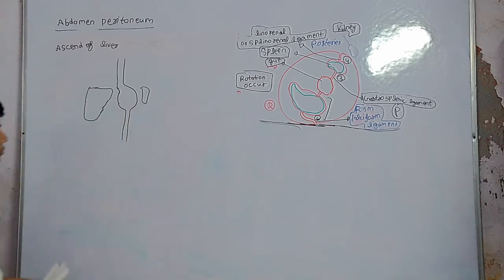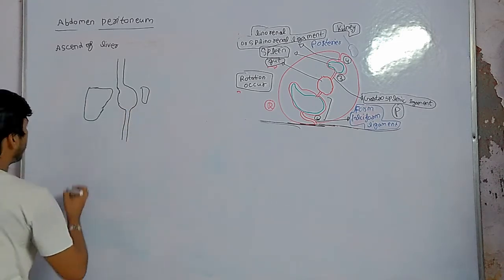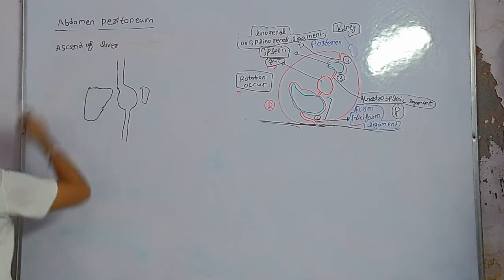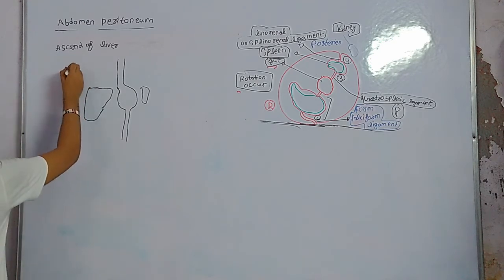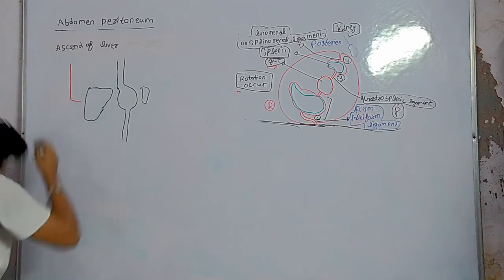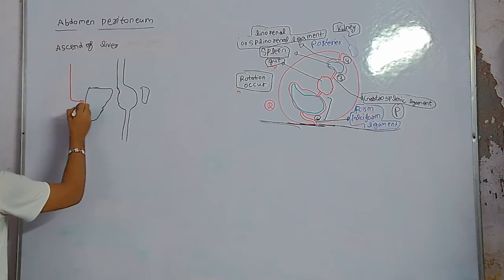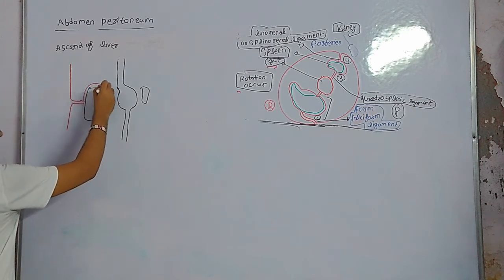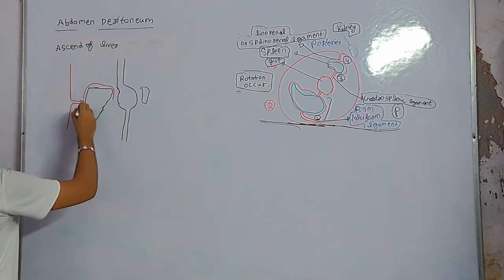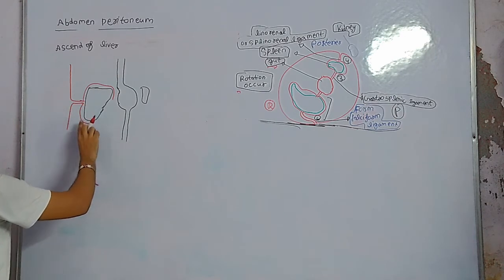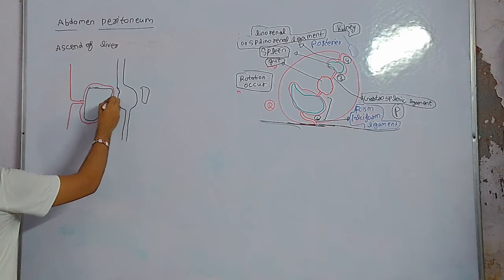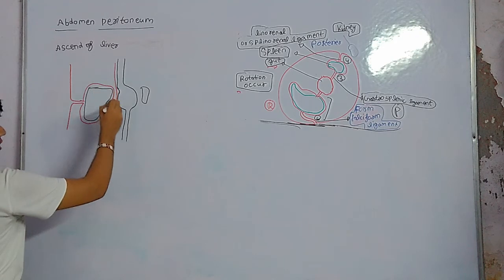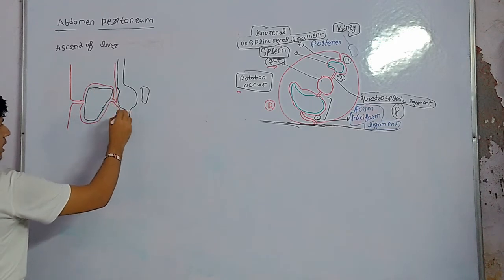So these are the folds. Now, how are the peritoneal folds? Anteriorly, one ligament forms. It covers this like this. Then it goes to the gut tube and completely covers the stomach.